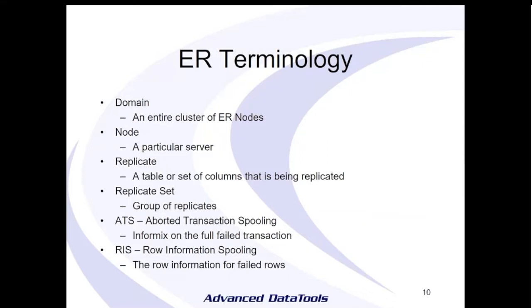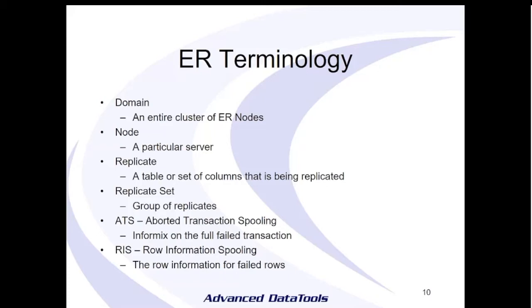So it could be just the stock table from the stores demo database, which we'll actually do in a few minutes. That could be a replicate, or it might just be customer first name. It could be a set, say where the year is 2017, whatever, but it is whatever an individual set is that is being replicated.